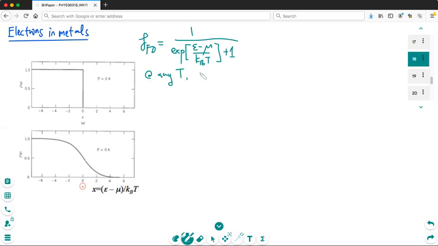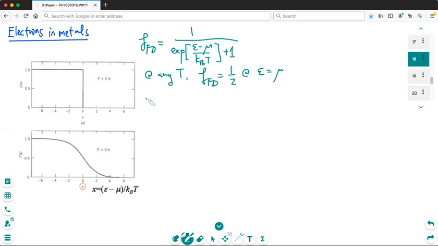Okay, so this f is precisely a half at epsilon equals mu. Okay, so this is 1.